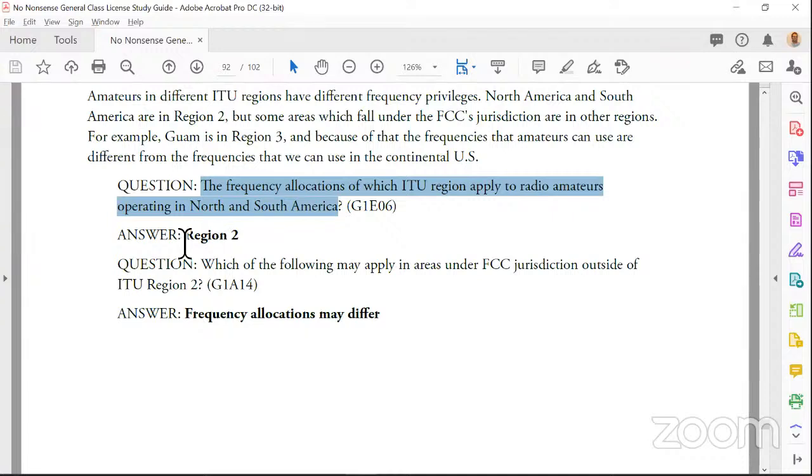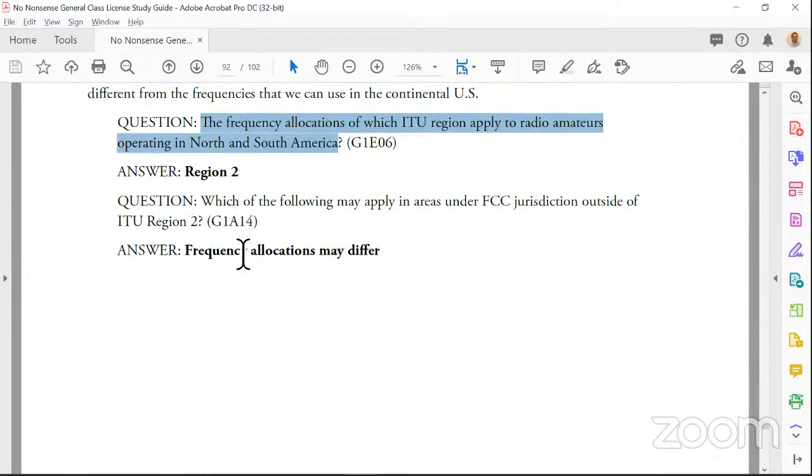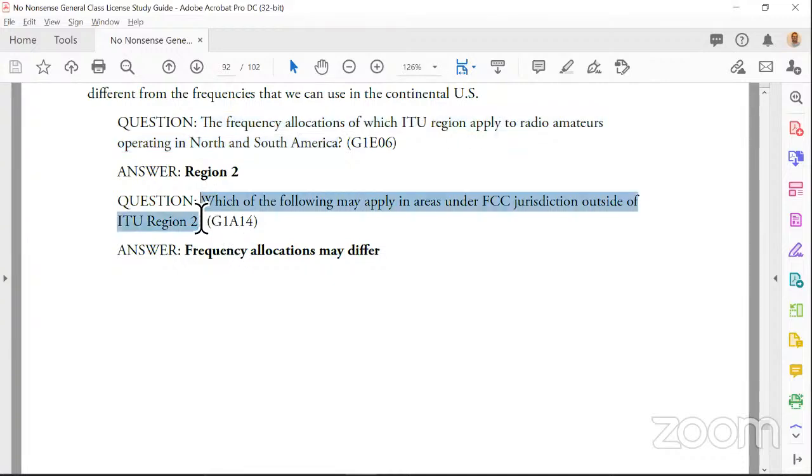There's also Region 1 and Region 3. But most of the persons, actually I think all of the persons in our sessions, are in fact in Region 2, whether we're in the Caribbean or in North America, meaning the United States or Canada. We are all in Region 2. So those are the frequency allocations that apply to us.